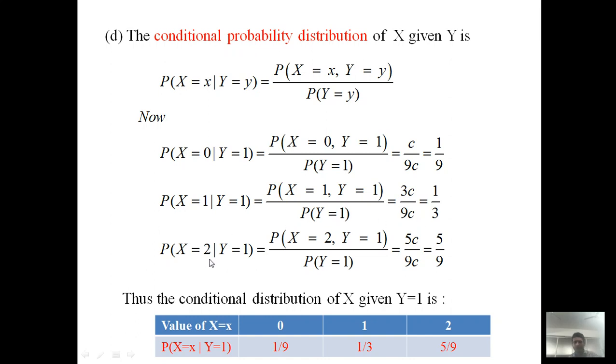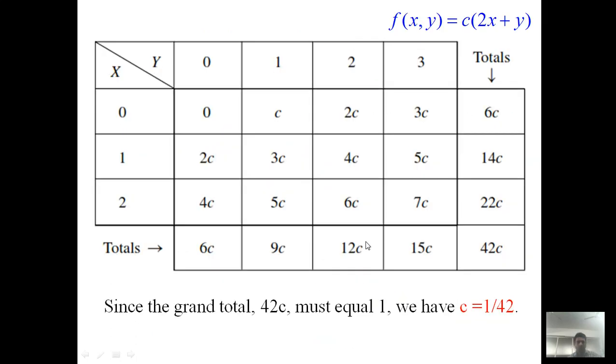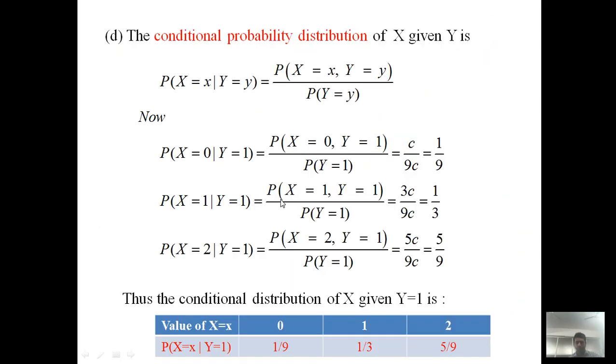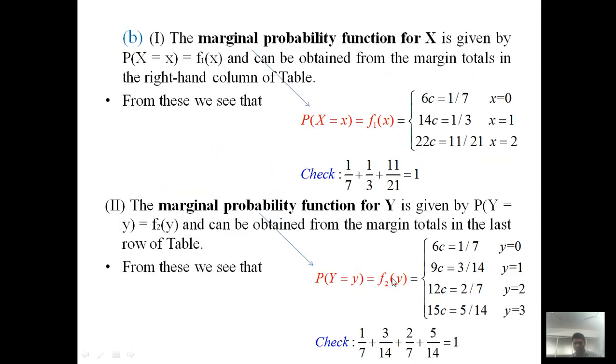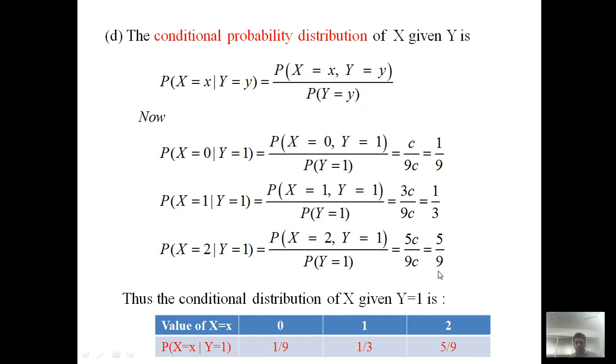Similarly the last one, probability of x is 2, y is 1, the denominator is as it is 9c. When x is 2 and y is 1, it gives 5c. So the numerator is 5c, the denominator is 9c, c cancels out, giving 5 by 9.